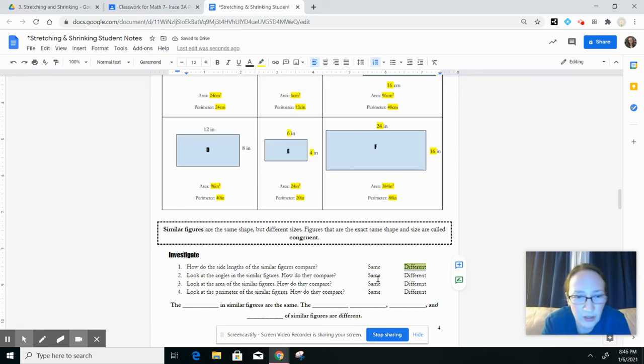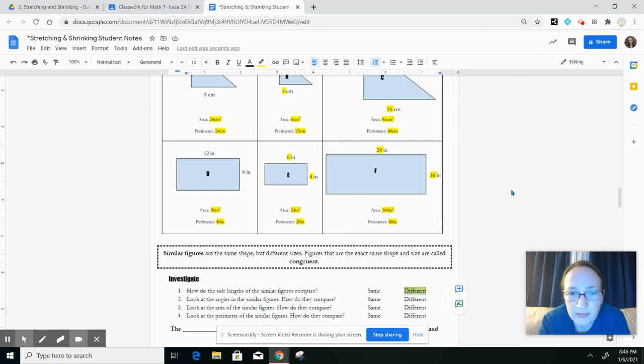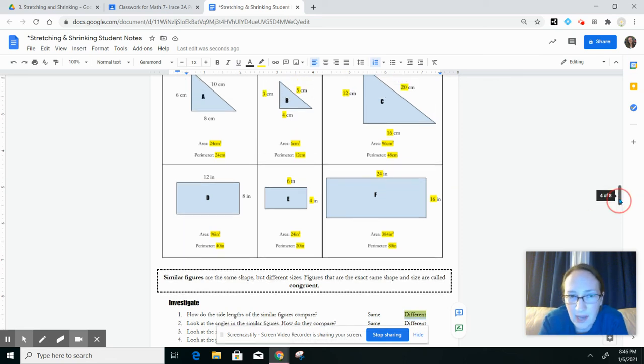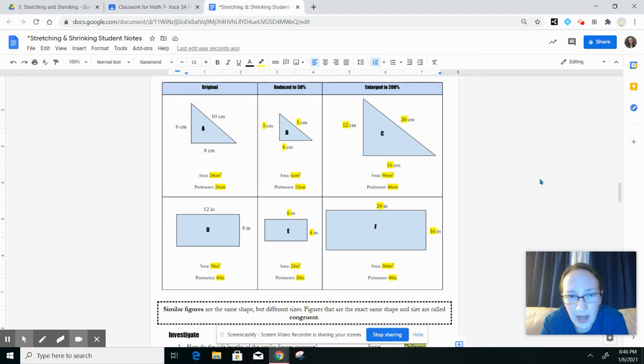Okay. Look at the angles in the similar figures. How do they compare? All right, so this is a little more interesting. Obviously in the rectangles, super easy to tell. Those are all right angles, so those are all the same. Now, if you look at the triangle, we definitely have a right angle in the bottom left corner of each of those.